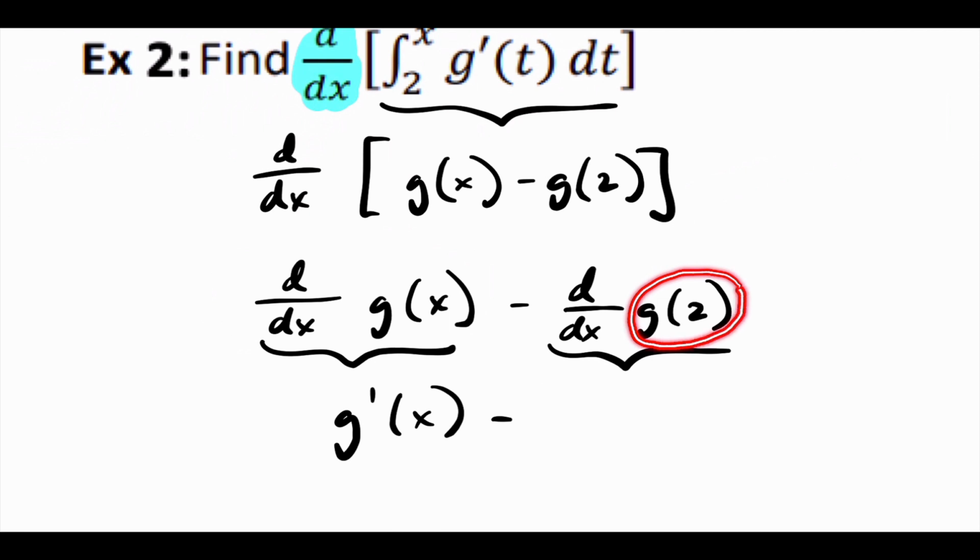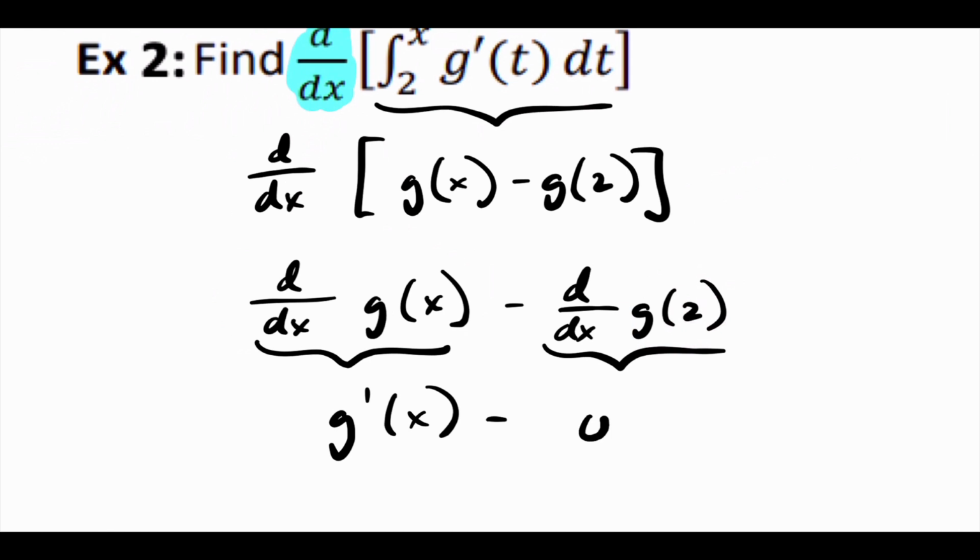Exactly right. That's all it is, right? Plug in 2. If I plug in 2 to g, wouldn't I get a number, right? When I plug in 2 to a function, don't I get a y value? Isn't that how we get a y value? And the y value is always a number. What's the derivative of any number, any value? 0. Right? So our finished answer was g prime.